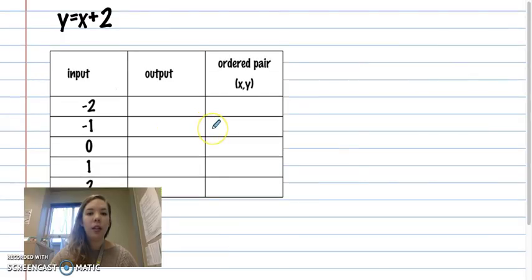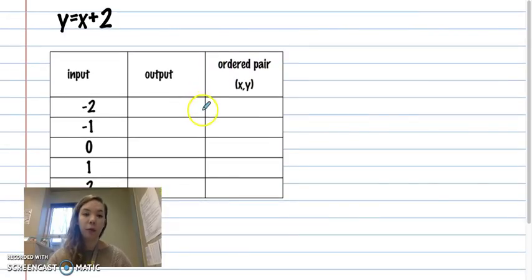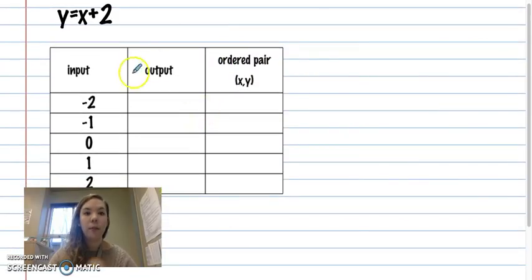All right, filling in a t-table. So they gave us the inputs, we have to find the outputs, and then these are all points, they're ordered pairs. So again, this is some stuff that we've done before when we did linear equations. So it should be familiar to you. Now, they won't all be linear equations, but you're going to plug them in the same way.